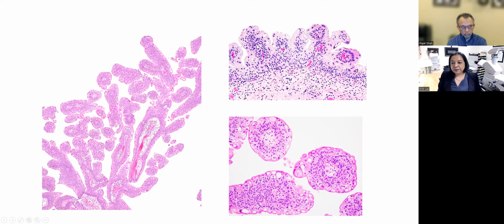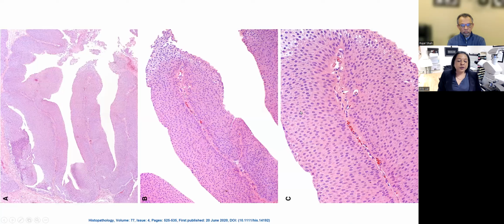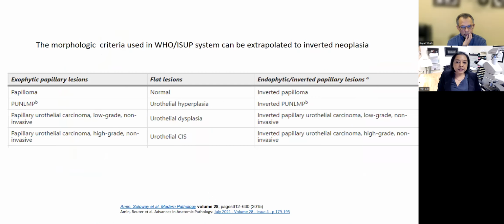So just keep these in mind as we go through the differential diagnosis in the subsequent slides. Similarly, in the papillary urothelial neoplasia of low malignant potential, you will see some nuclear atypia, but what you will find is a degree of regimentation and order. So that is something that you should keep in mind.